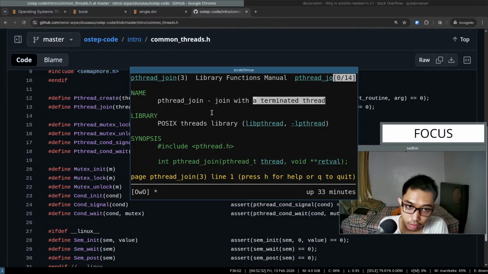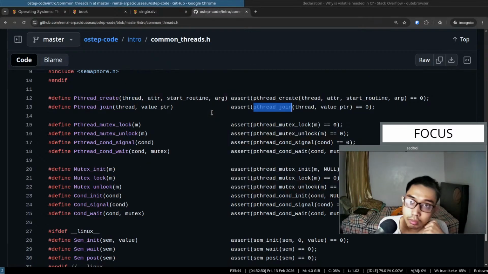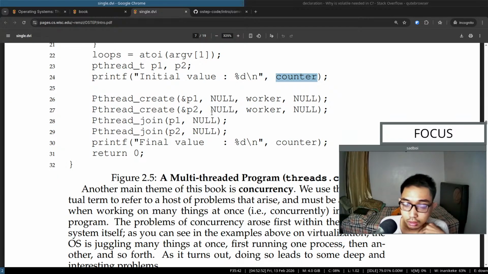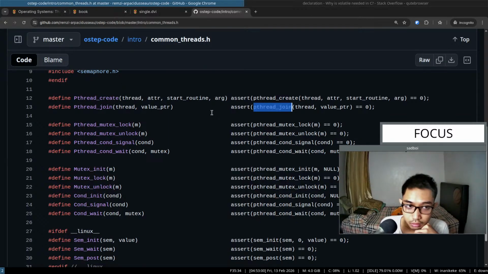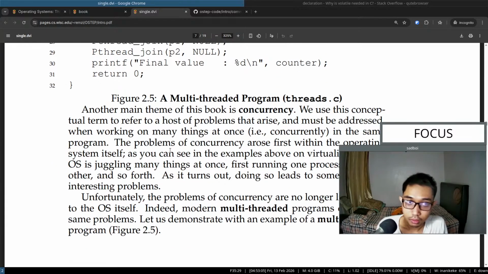Interesting. Function waits for the thread specified by thread to terminate. Okay. Final value counter.